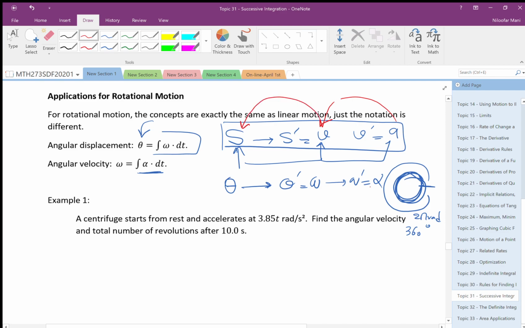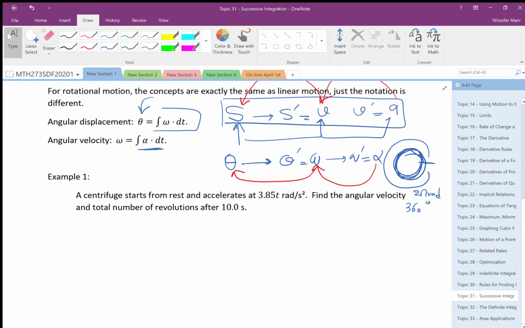If I do the integral of this, I go back to this one, and if I do the integral of this, I go back to this one, because integral and derivative are opposites of each other. So now you can use this to answer this question.